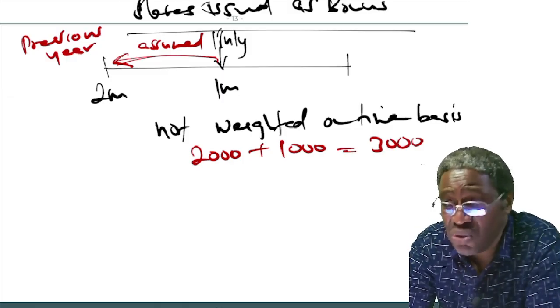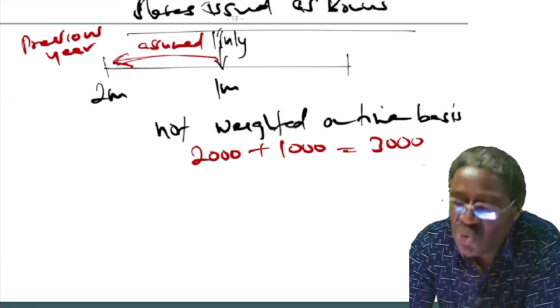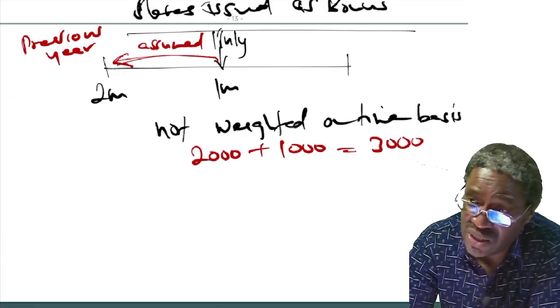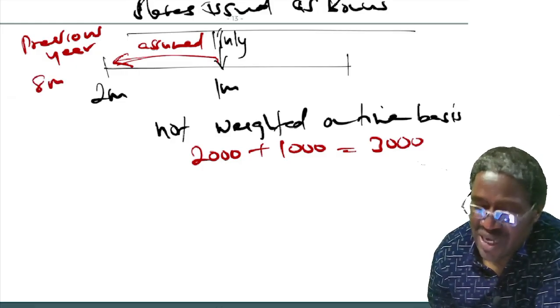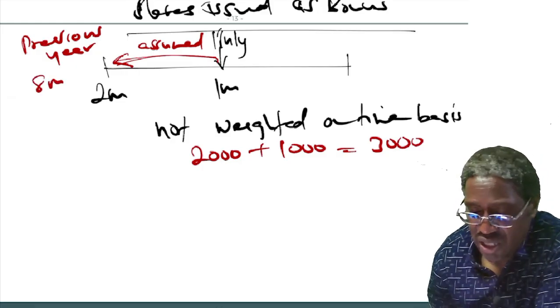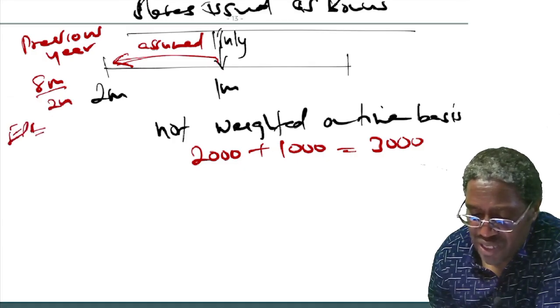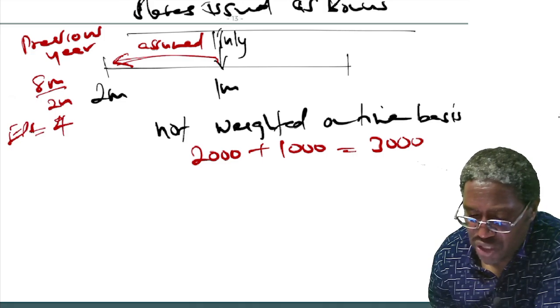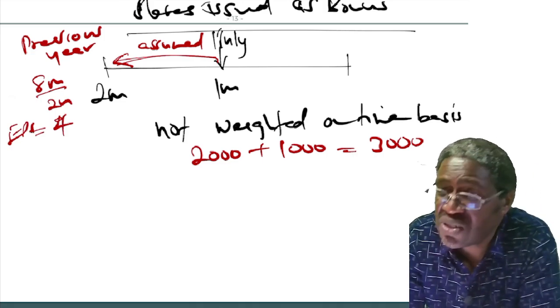For comparison purposes with the earnings for this year, you are required to restate the EPS of last year. For example, let us assume the earnings last year were 8 million. The number of shares last year were 2 million. So it's obvious your EPS last year was 4 shillings per share.